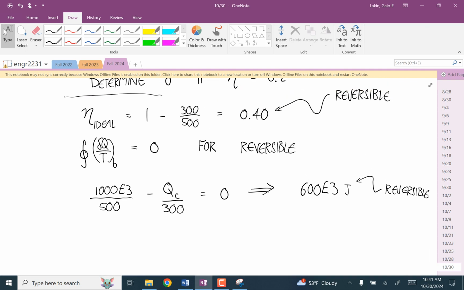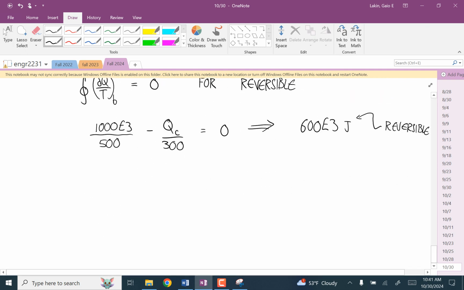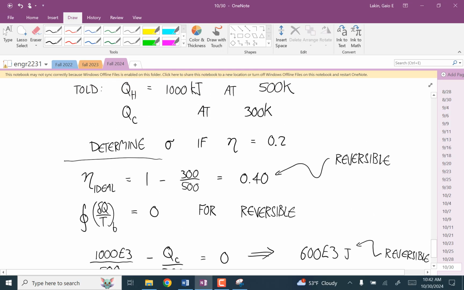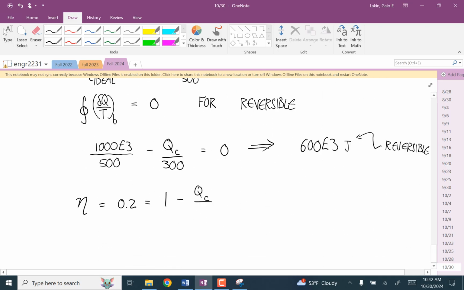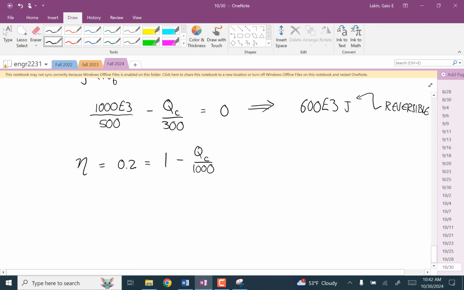So, right, exactly. What we have is that eta is equal to 0.2, and that's equal to 1 minus QC over QH, which is 1,000. And so this tells us that QC is equal to 800 times 10 to the third joules.